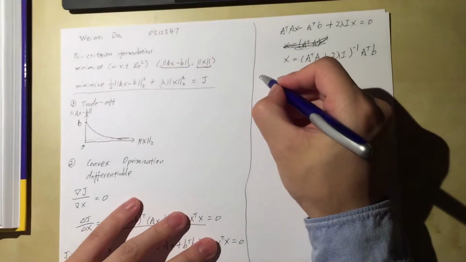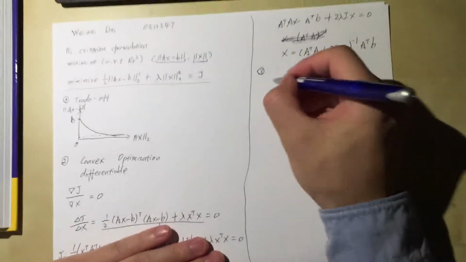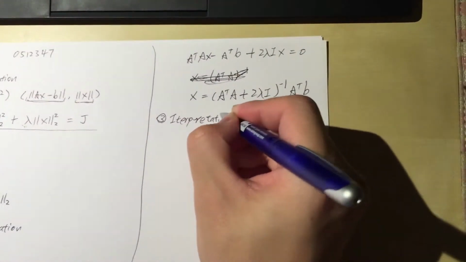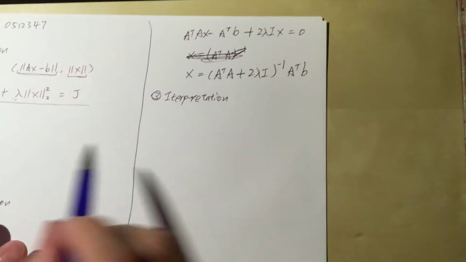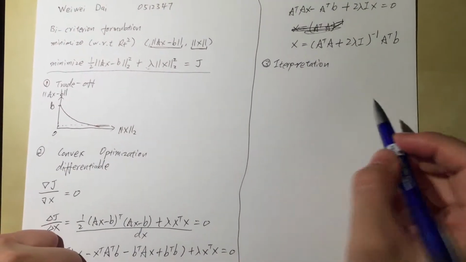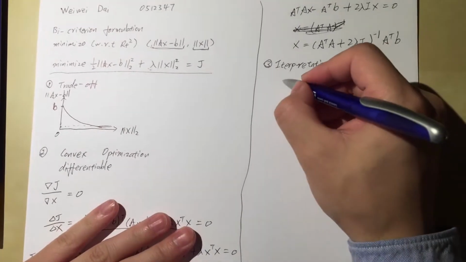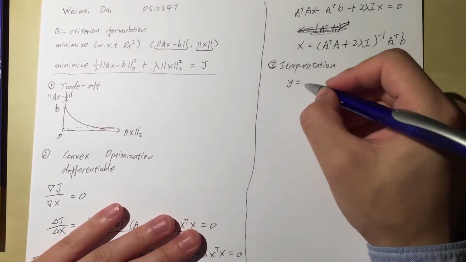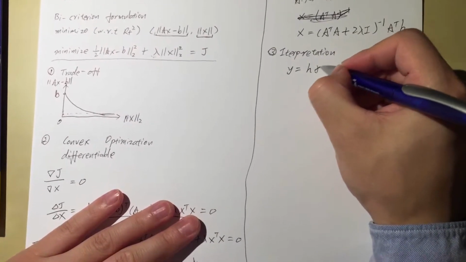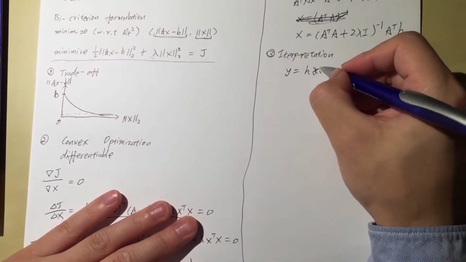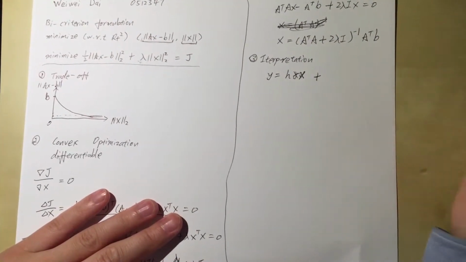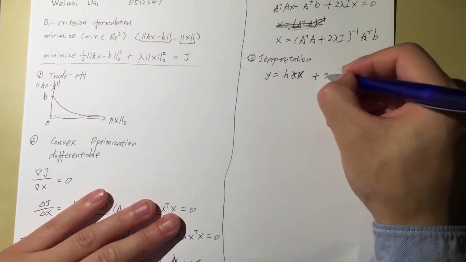So now I want to talk about some interpretation. Why I think this formulation is important and useful: assume we observe data y. The data comes from convolution with the input signal, and usually, always, we will have some noise.